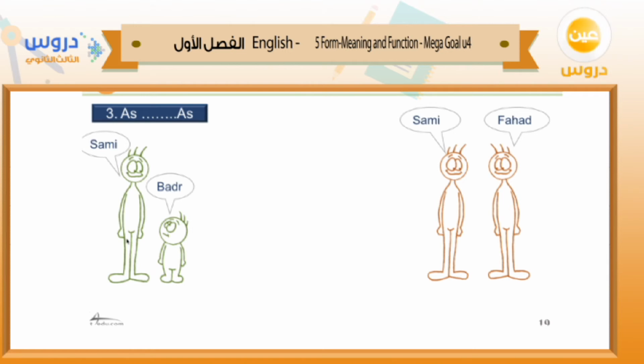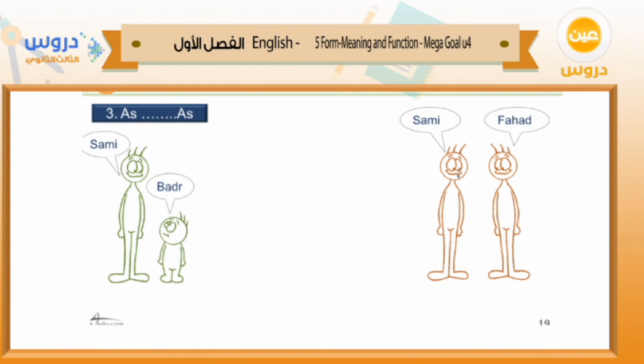Now let's move to the third part here, as plus adjective plus as. Here we have two pairs of persons: Sami and Badr, and Sami and Fahad. If we want to compare their heights, we say that Sami is taller than Badr, and Badr is shorter than Sami. What about Sami and Fahad?